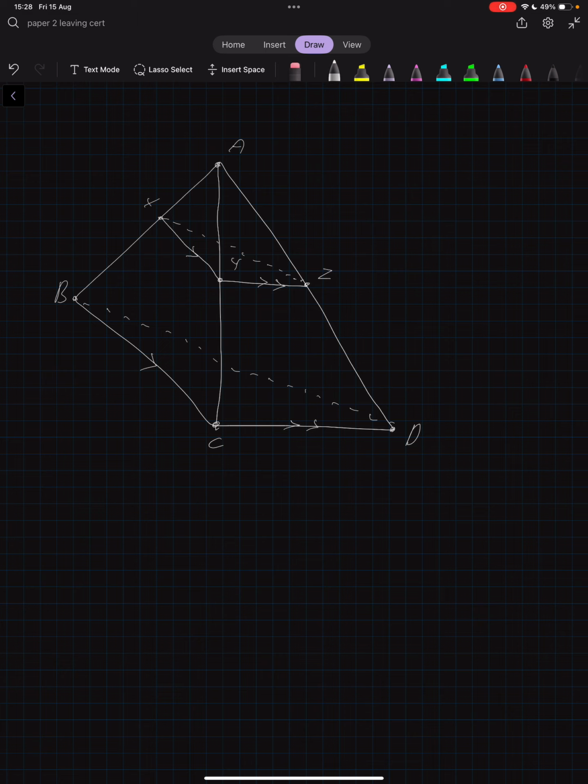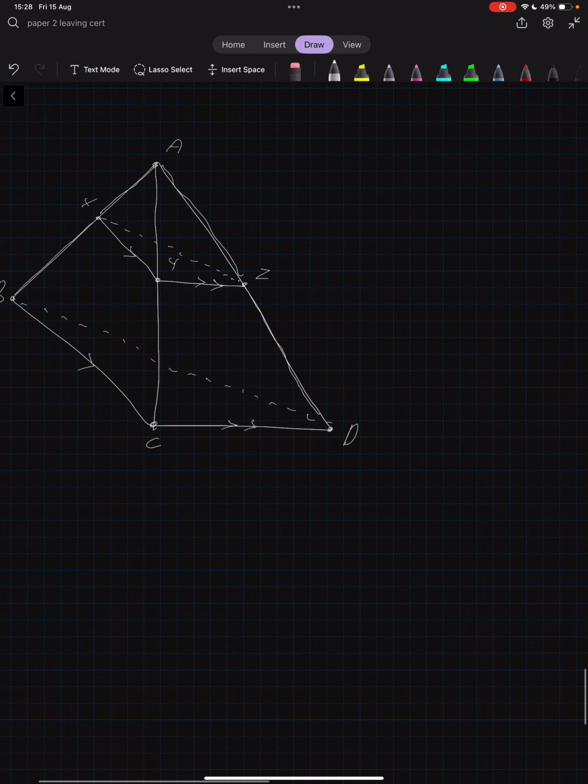Well, that would mean that this side divided by this side would be equal to this side divided by this side. Okay? So remember, if you have your triangle like this, and these are parallel, and that's A, B, C, D, then A divided by B is equal to C divided by D. Sorry, that should be a D. Okay? So that's it.